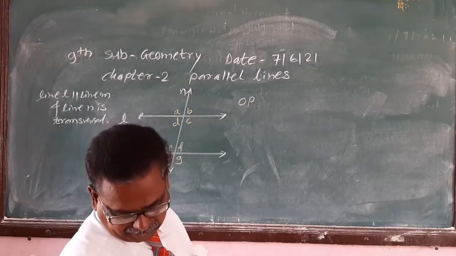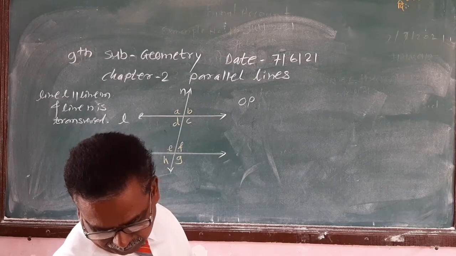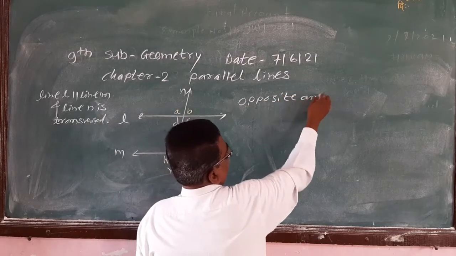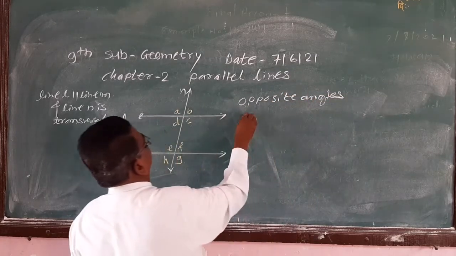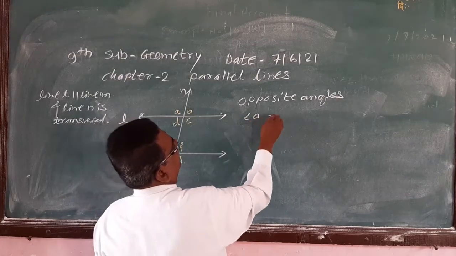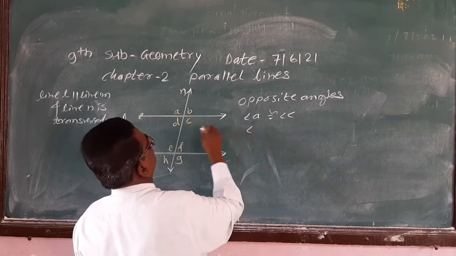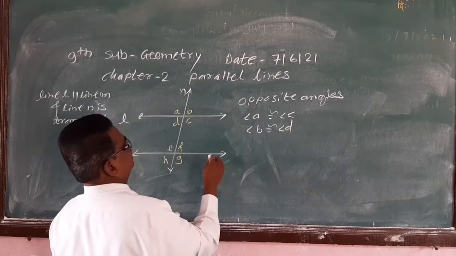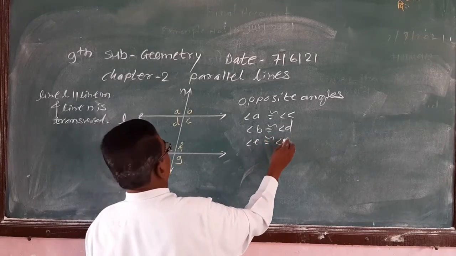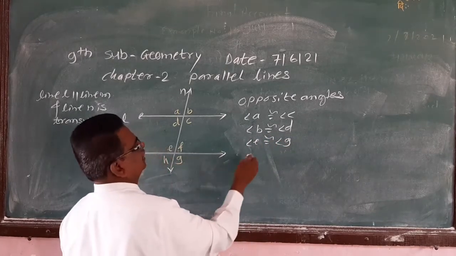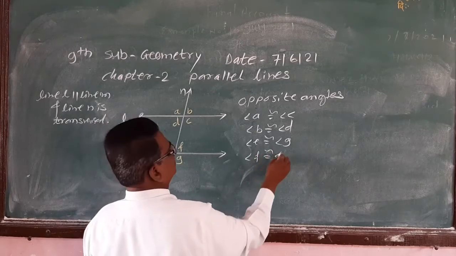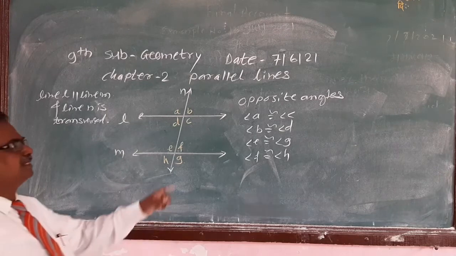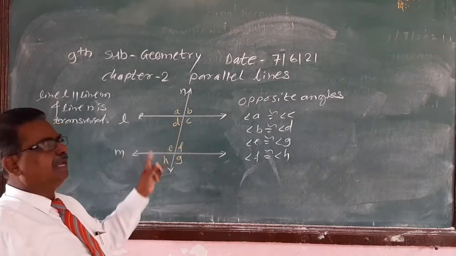Opposite angle pairs are: first pair A and C, angle A is congruent to angle C. Second, angle B is congruent to angle D. Third, angle E is congruent to angle G. Fourth, angle F is congruent to angle H. These pairs of opposite angles are congruent.